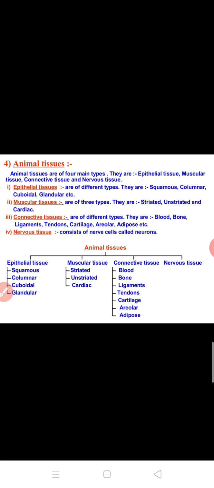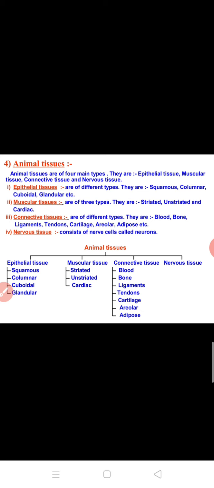First of all, we will study about epithelial tissues. But before proceeding, let's have a look at this flow chart. Animal tissues, four types: epithelial tissues, muscular tissues, connective tissues, and nervous tissues. Epithelial tissues are of four types: squamous, columnar, cuboidal, and glandular tissues.